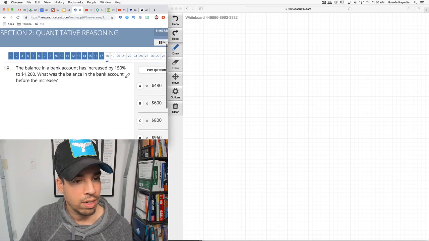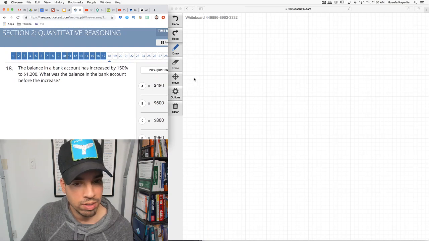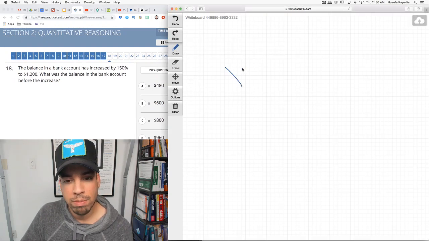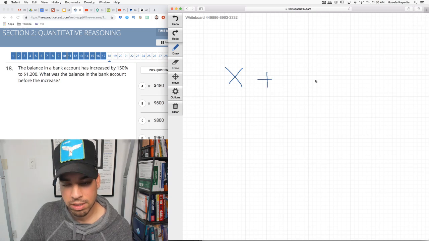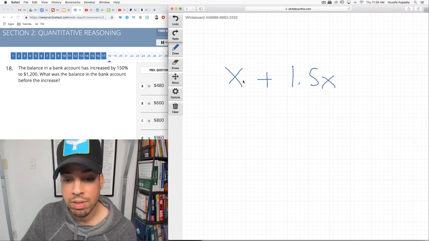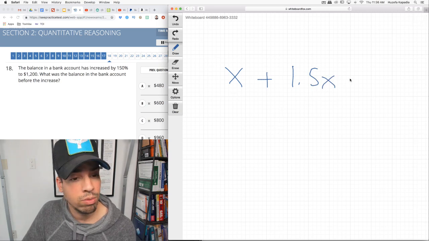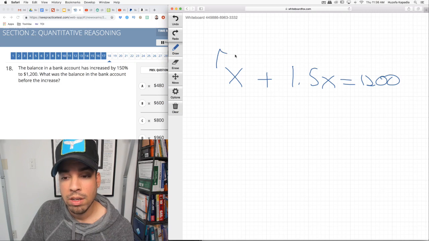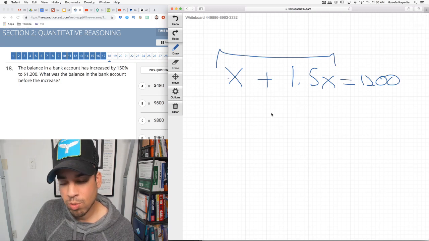The balance in a bank account has increased by 150% to 1,200. Okay. So the balance of a bank account has increased by 150%. That means we have to take 1.5, or 150%, of the account, add it to the original amount, and we get 1,200. What was the original bank account balance, which is x? Okay. We can add these. X plus 1.5x is 2.5x equals 1,200.